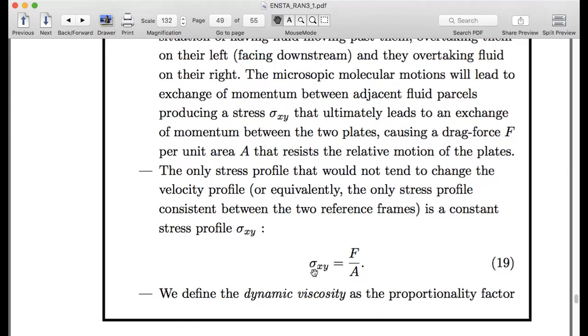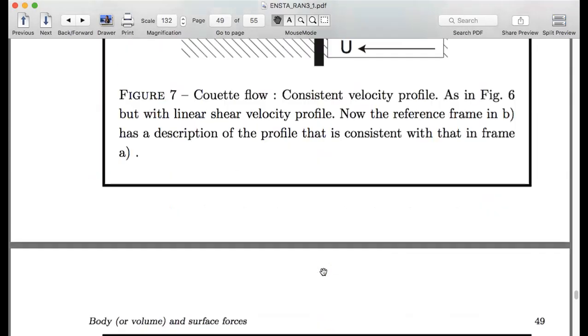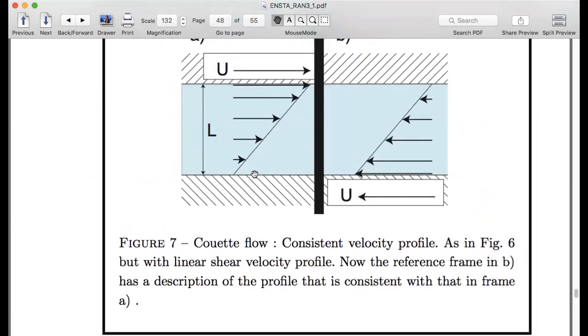because it's the force in the x direction on a surface with normal in the y direction. So if we just look at, say, the lower plate, its normal is in the y direction, and it will experience a force in the positive x direction, just intuitively, given the fact that the upper plate is moving to the right.